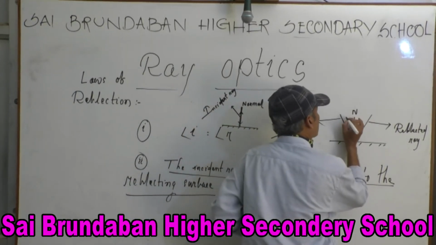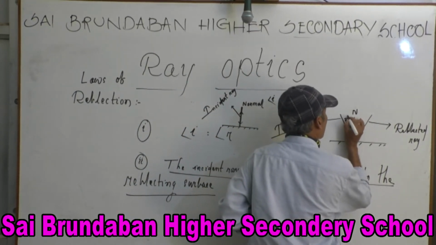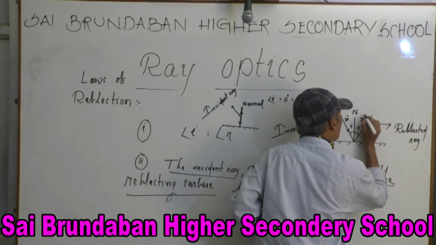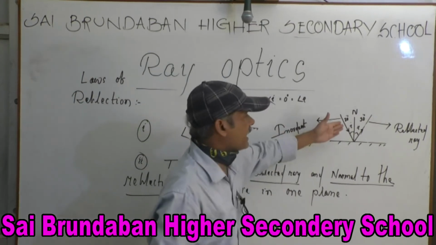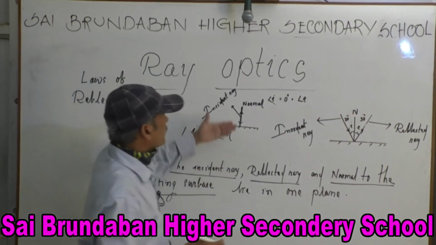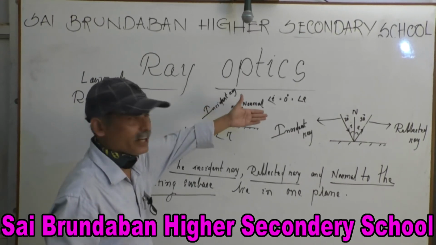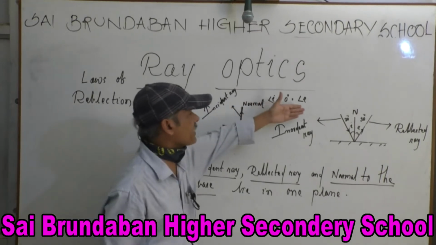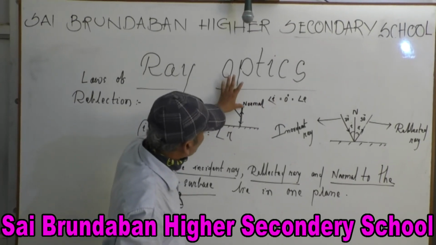Means if it is 30 degree, then R will be 30 degree. If angle I is 30 degree, then angle R is 30 degree. Here angle of incidence is 0 degree, and angle of reflection is also 0 degree.